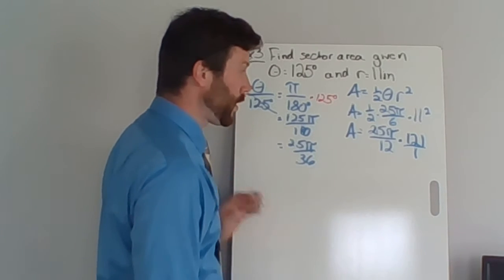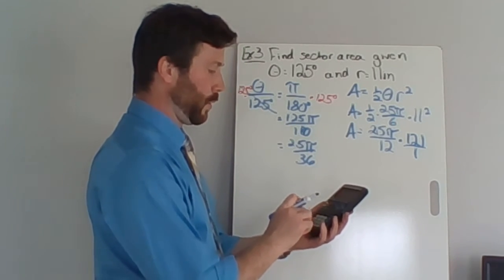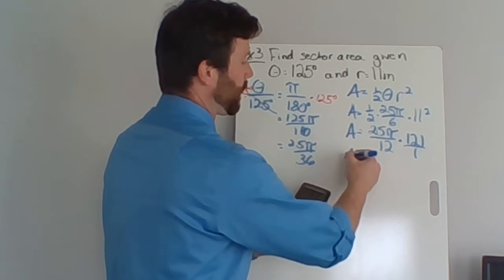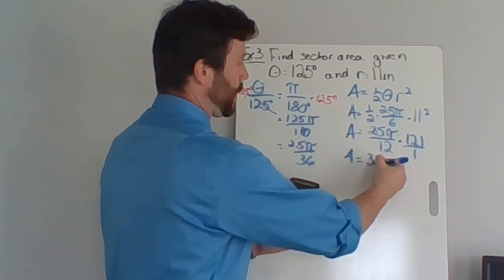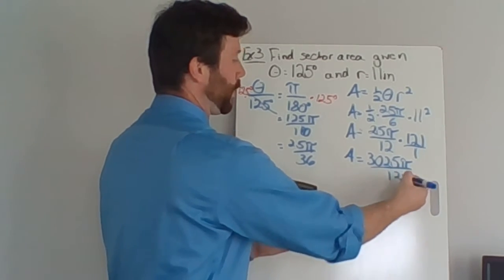Okay, put it over 1. Multiply straight across again. 25 times 121. And your area is 3,025 pi over 72.